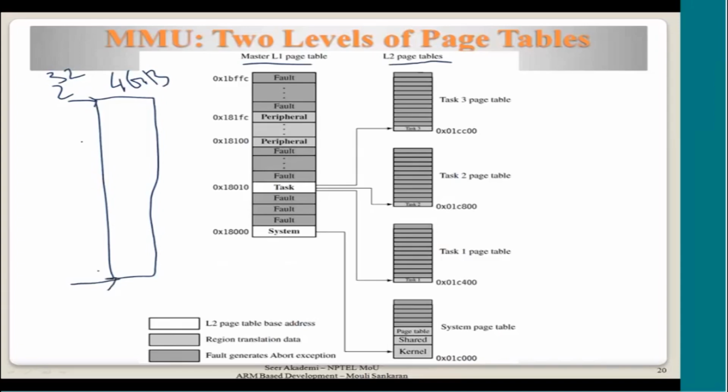Now if this 4 GB address space is split into 1 MB each, how many entries will we have? Into 1 MB, 10 power 6, that many entries. Since 10 power 6 into 10 power 3 is 10 power 9, and a GB is 10 power 9.